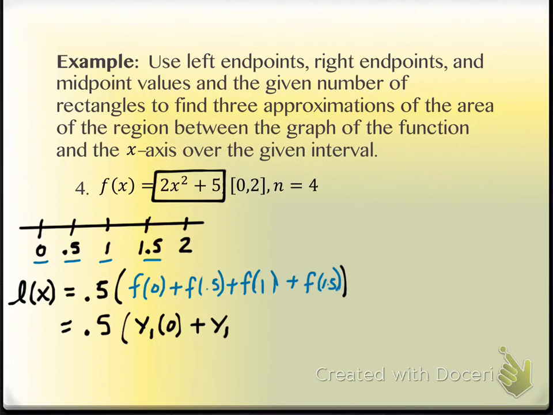You're going to do y1 of 0.5 plus y1 of 1 plus y1 of 1.5. And it's going to get awesomer. That's not a real word, but it is going to get awesomer in a minute here. So just hold tight. You're going to get an answer when you hit enter here. Hopefully everybody's answers match and match mine too.